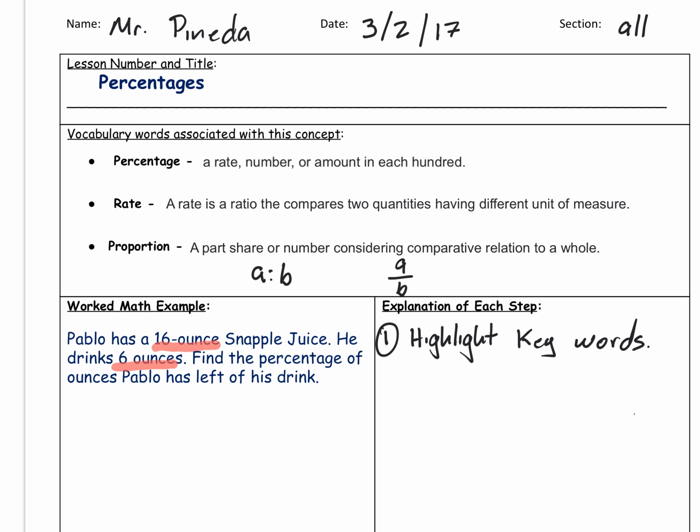Now we need to find the percentage that he has left. To do that, we are going to use a tape diagram. So let's draw a tape diagram.